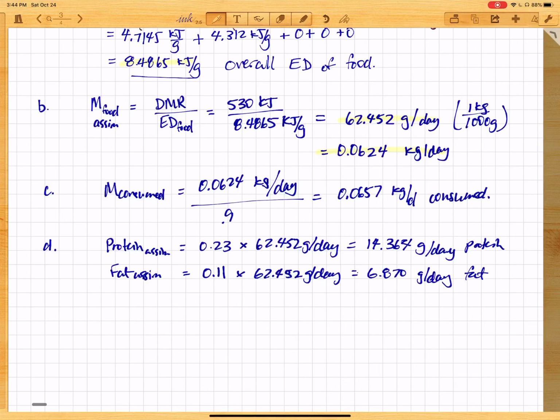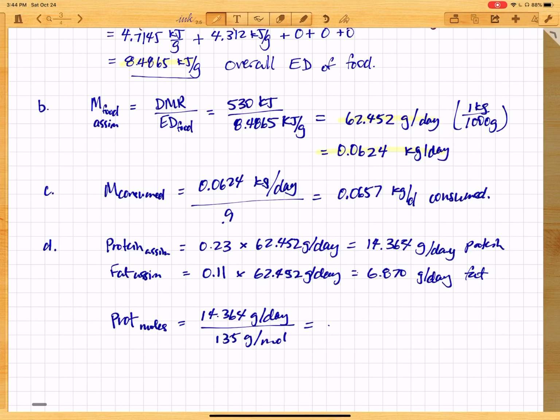So to get the molar amount, you just have to divide the grams by the molecular weight. So protein moles is going to be 14.364 grams per day divided by the molecular weight, which is 135 grams per mole.